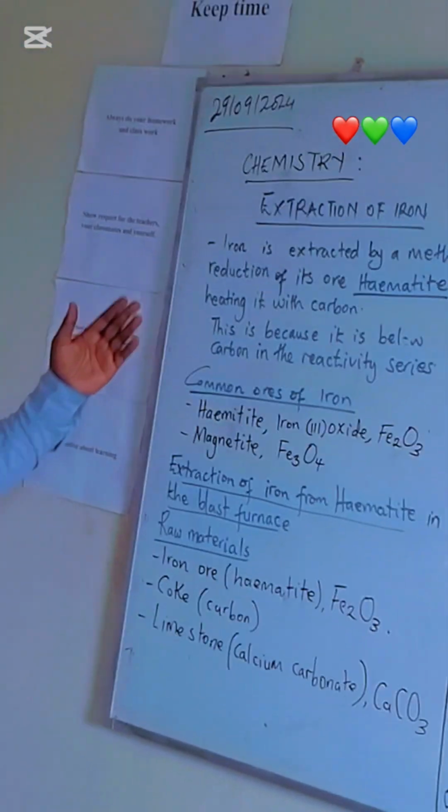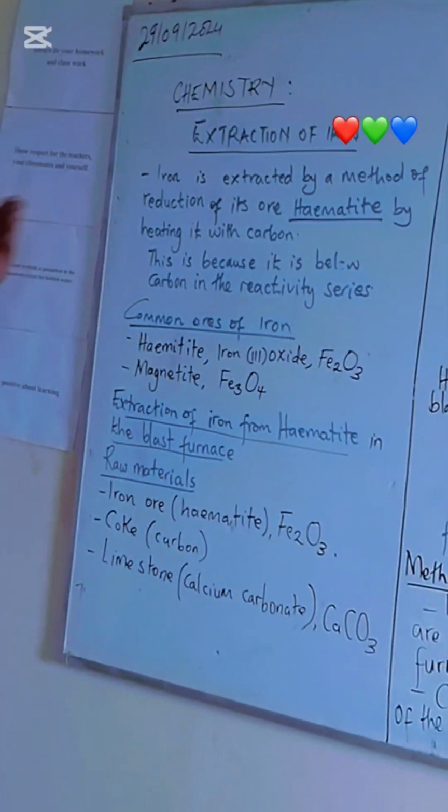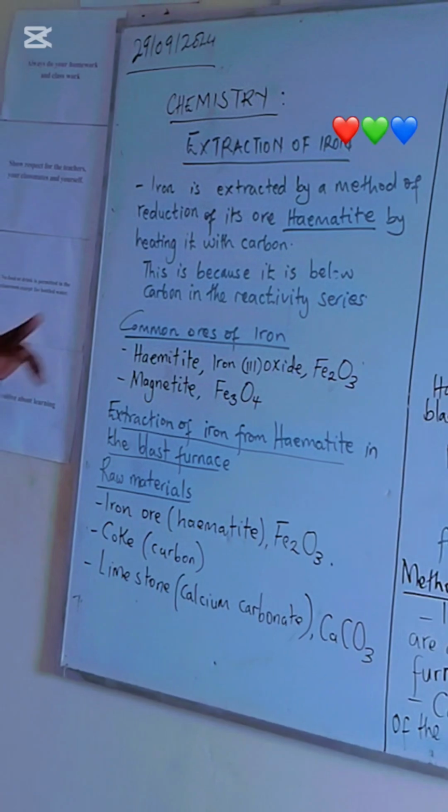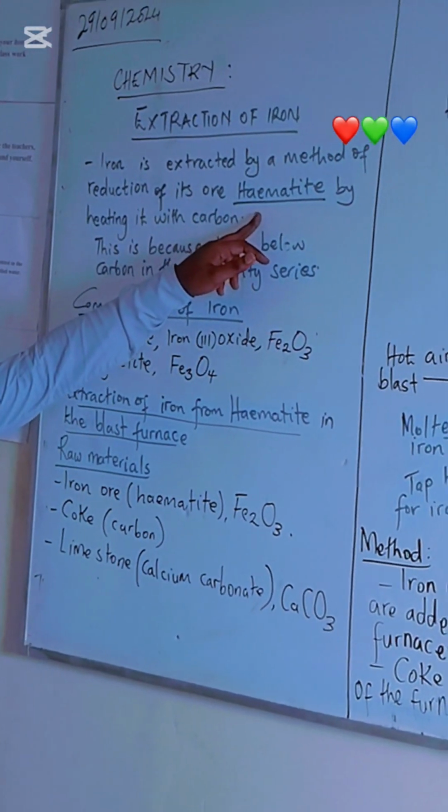We remember very well that an ore is a rock that contains a sample of a given metal that's worthwhile to be used to extract that particular metal. So the ore from which iron is extracted is called Haemetite.